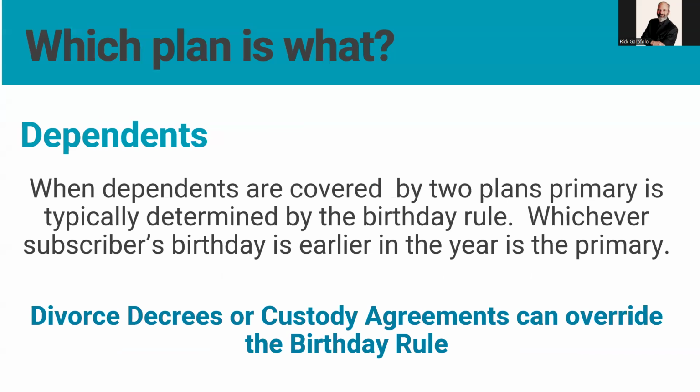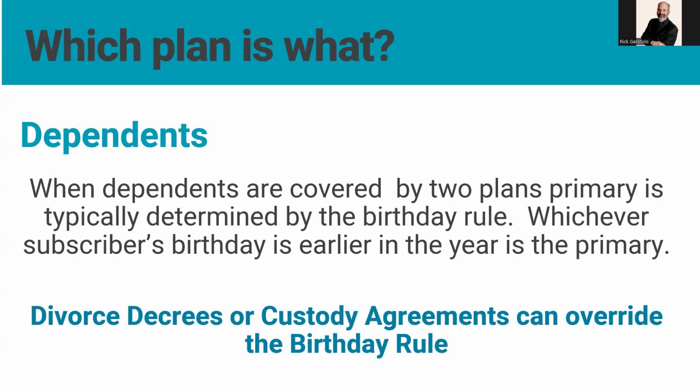When we talk about dependents, typically dependent coverage is determined by the birthday rule. So if you have a dependent child who is covered by both mom and dad, both have insurance, typically who the dependent's primary and secondary are is determined by the birthday rule.